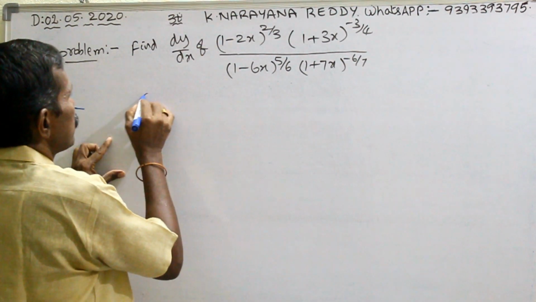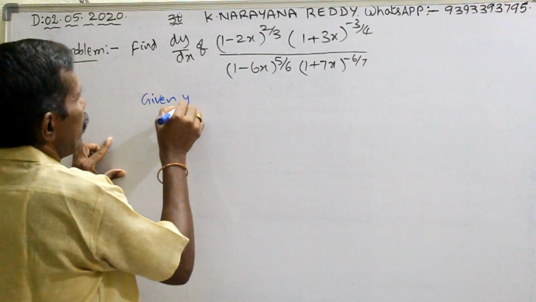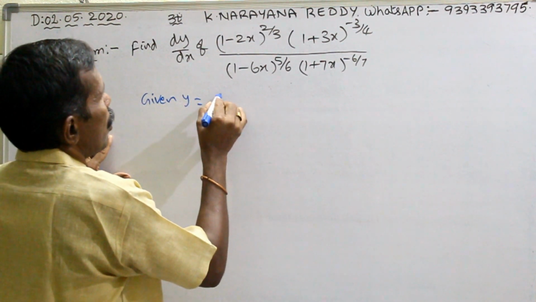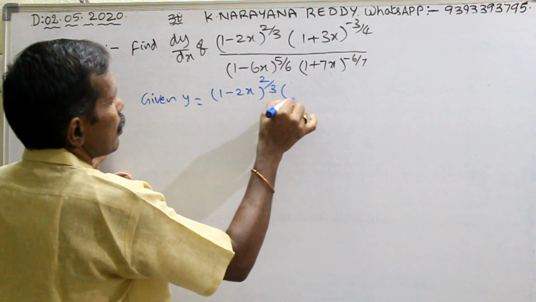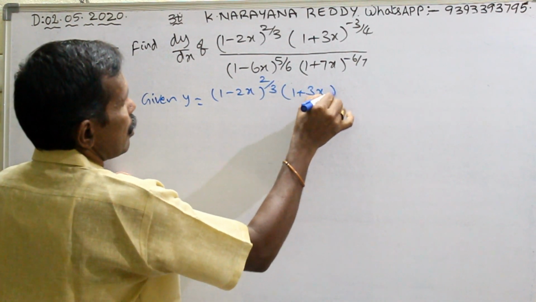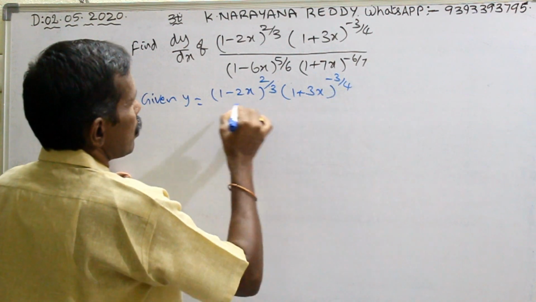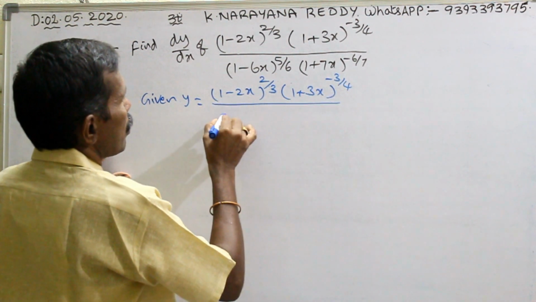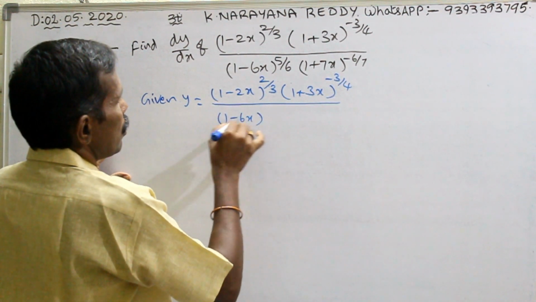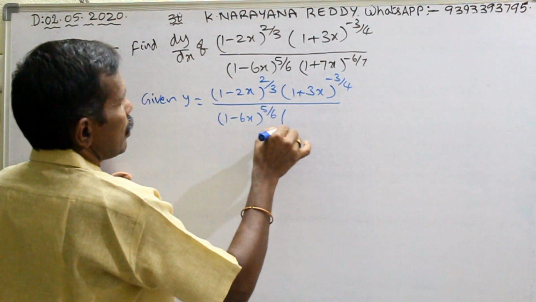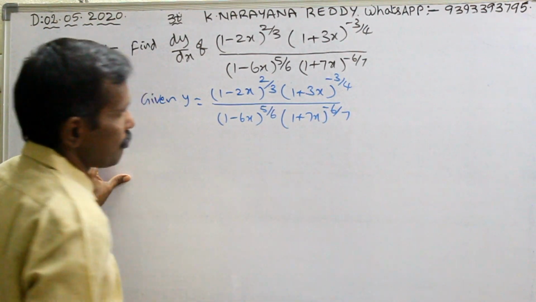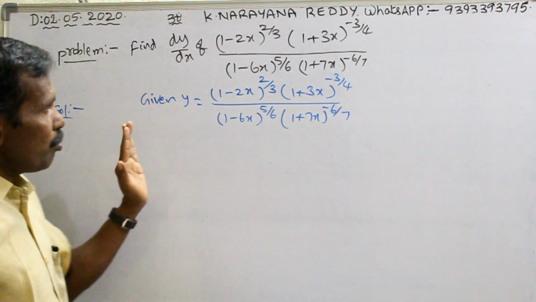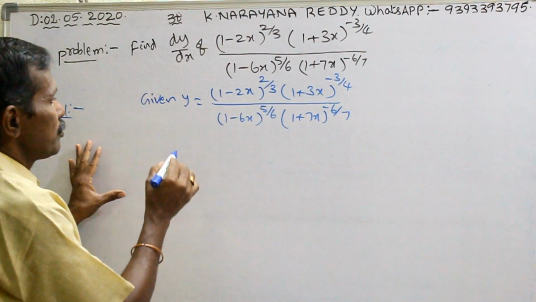Given y equals (1 minus 2x) to the power of 2 by 3, (1 plus 3x) to the power of minus 3 by 4, divided by (1 minus 6x) to the power of 5 by 6, (1 plus 7x) to the power of minus 6 by 7. Now use log on both sides.